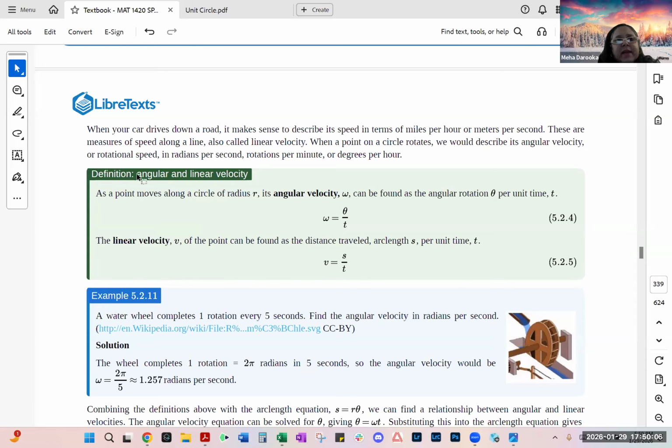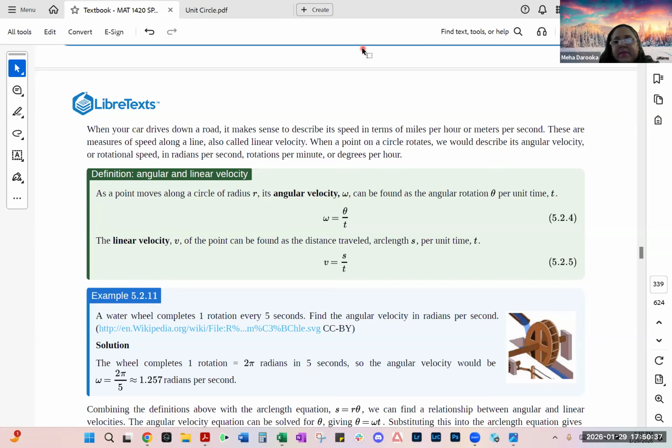So when we are defining the angular and the linear velocity, we are saying as the point moves along a circle with radius r. So if your circle has a radius r, its angular velocity, and we use omega as the variable for angular velocity, can be found as the angular rotation theta based on the unit of time, so theta per unit of time, which will be t.